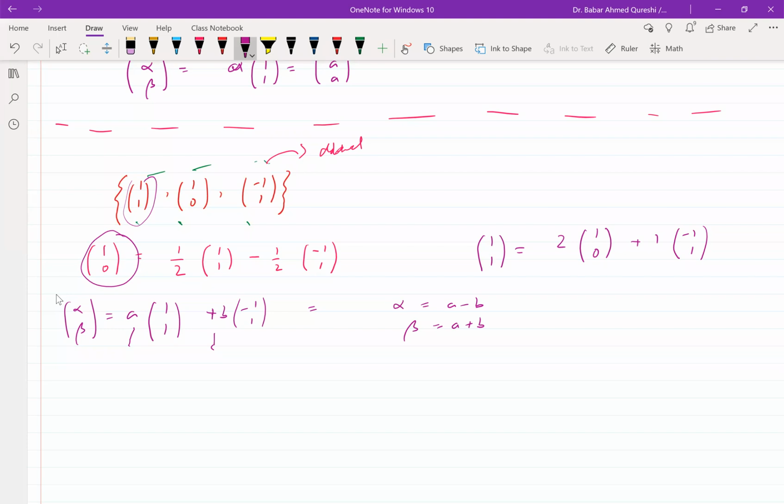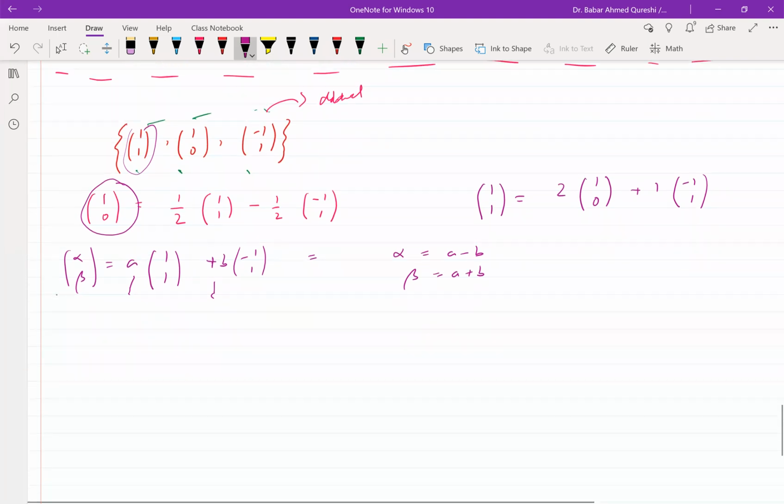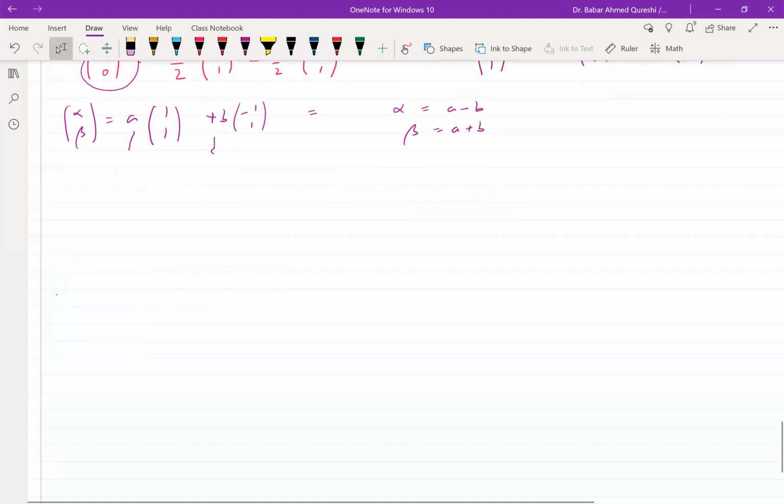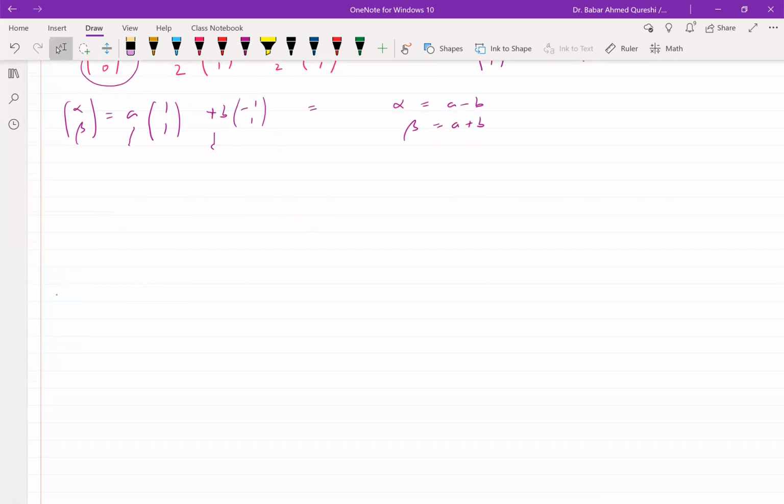So actually, the right way to think is not that one of them is composed of the other two. The right way to think of them is that these three are dependent on each other. So any one of them you can write in terms of the other. So what we have learned over here in this example, we can summarize in these observations, which will turn out to be true for all vector spaces.